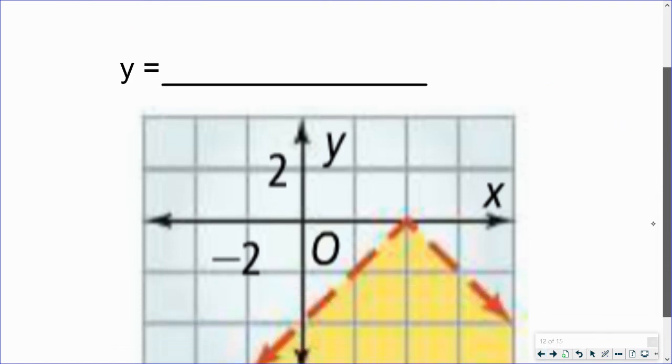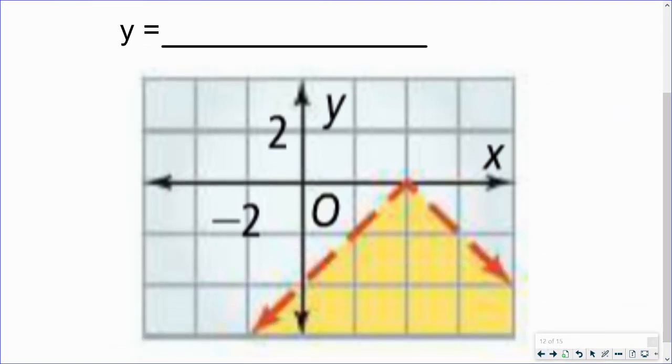Okay, this one. Alright, so y and the absolute value of x minus 2 doesn't go up any. 1, 1, no stretch. Gotta decide about the sign. It's dash, it's gotta be either greater than or less than.